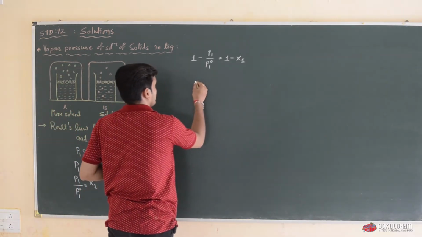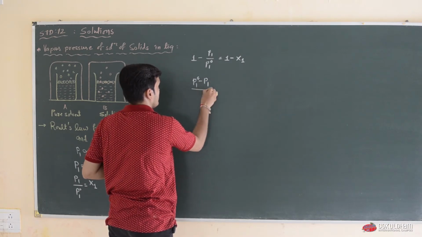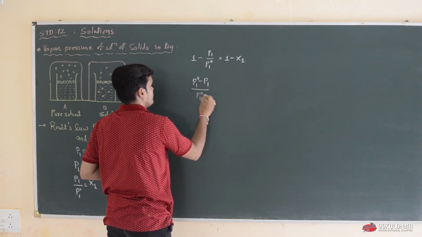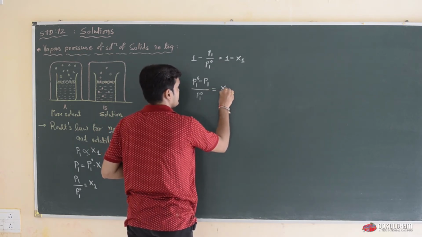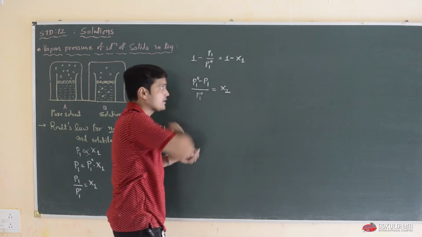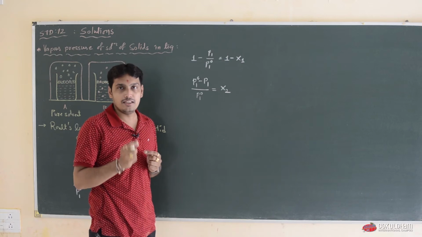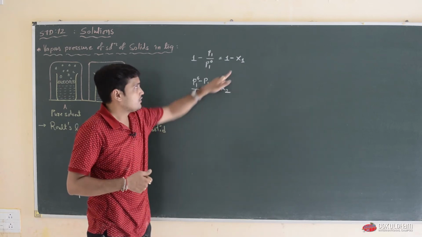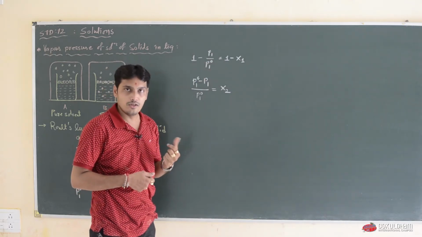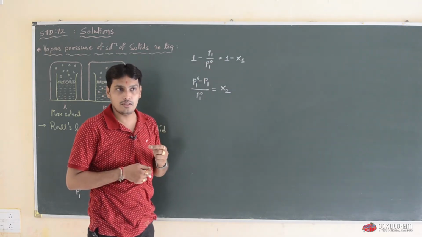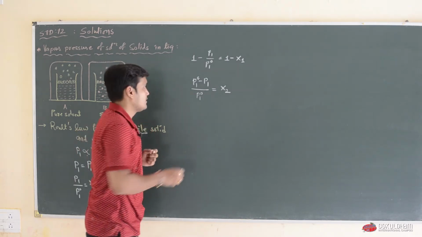So we will get (P1⁰ minus P1) upon P1⁰ is equal to 1 minus x1, which is known as x2. Why? We know that x1 plus x2 is equal to 1. So this 1 minus x1 value is replaced by x2, because the mole fractions of solute and solvent add up to 1.